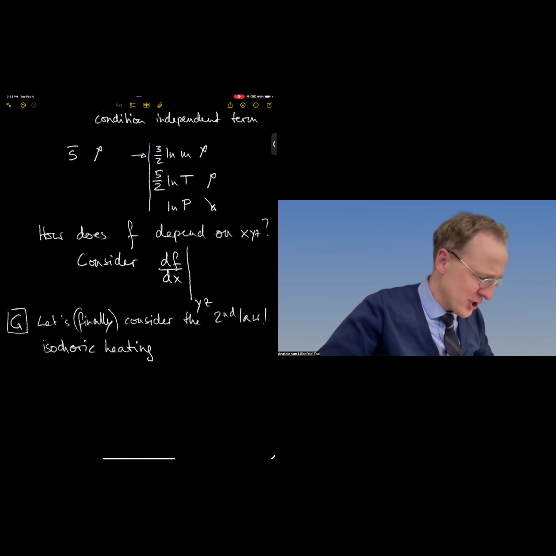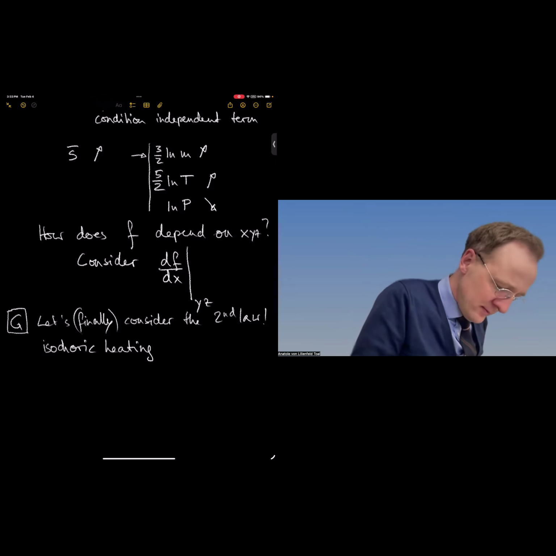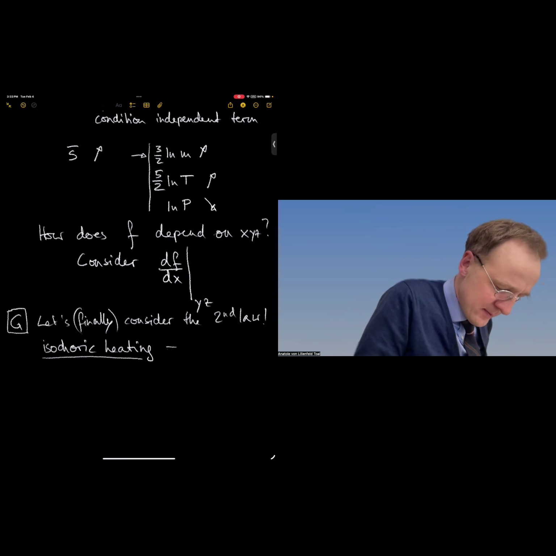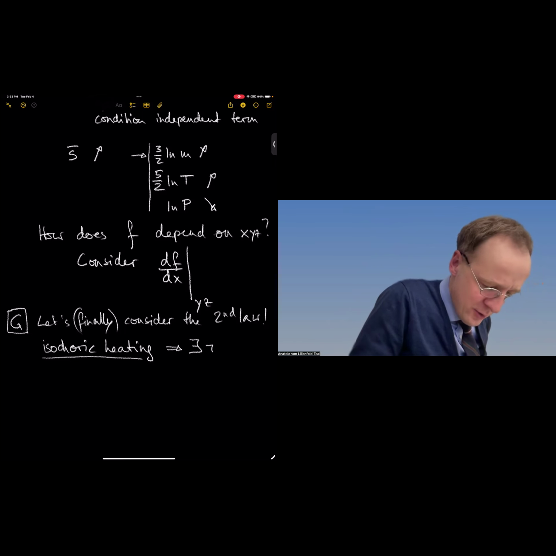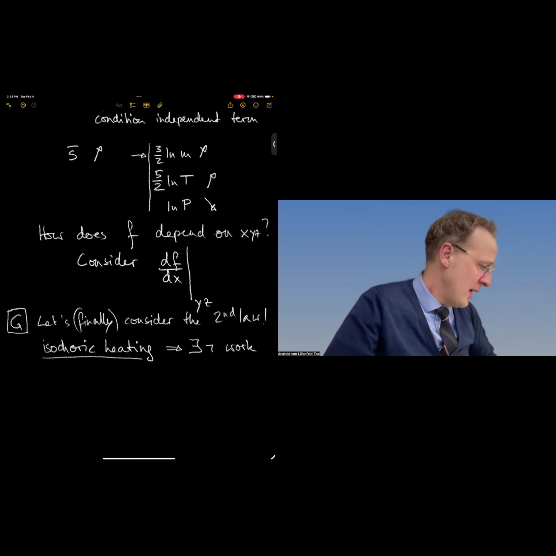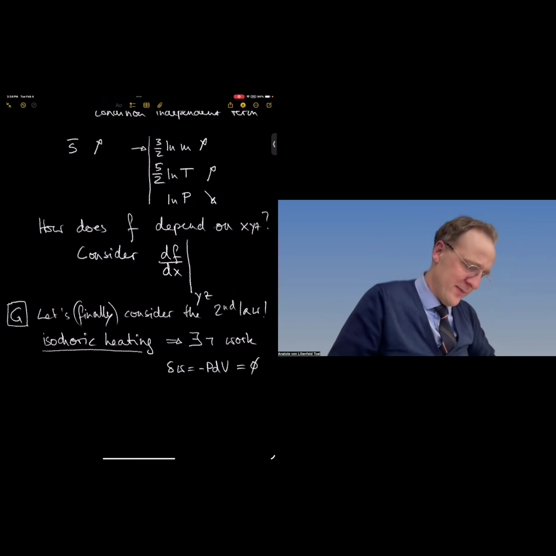Now we don't have any volume change, so this means no work, okay? There is no work. That's what these two symbols mean. Or no volume work. So, right, we know that dW, minus PdV, would be 0, right?